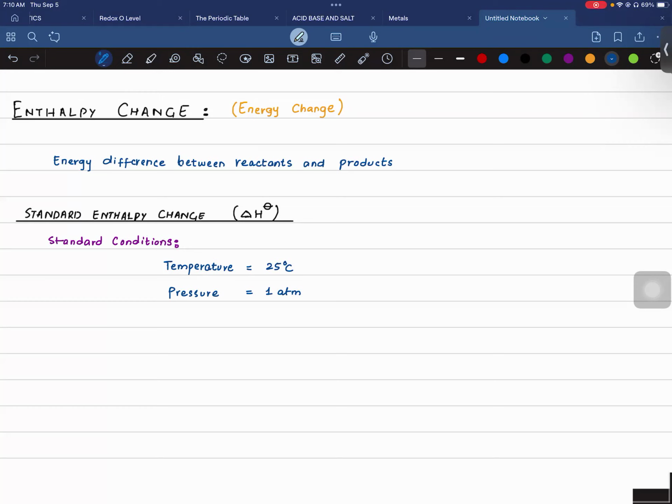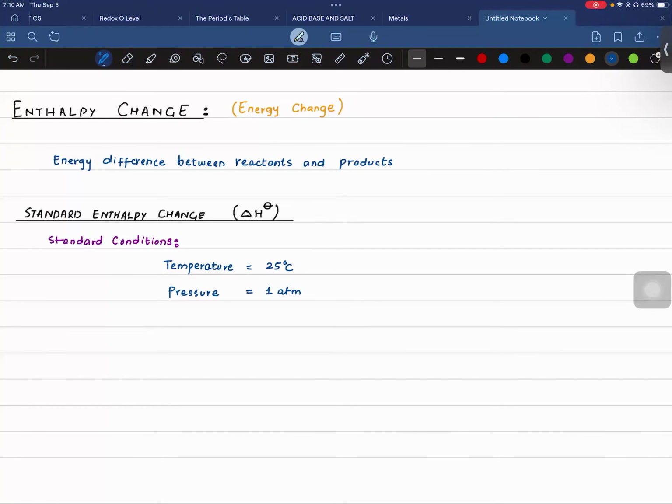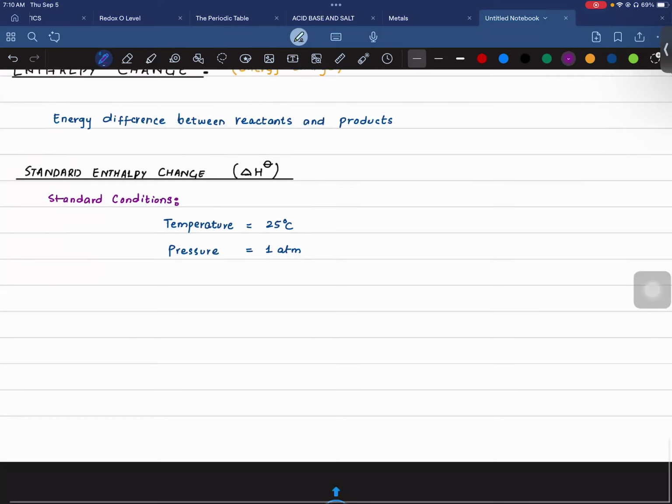We would be measuring the energy change at standard conditions. So basically, what is standard enthalpy change?